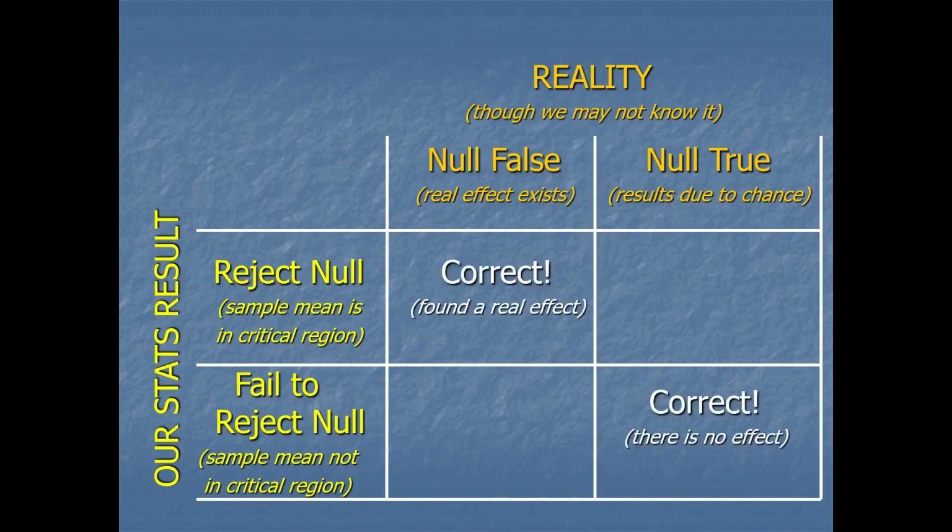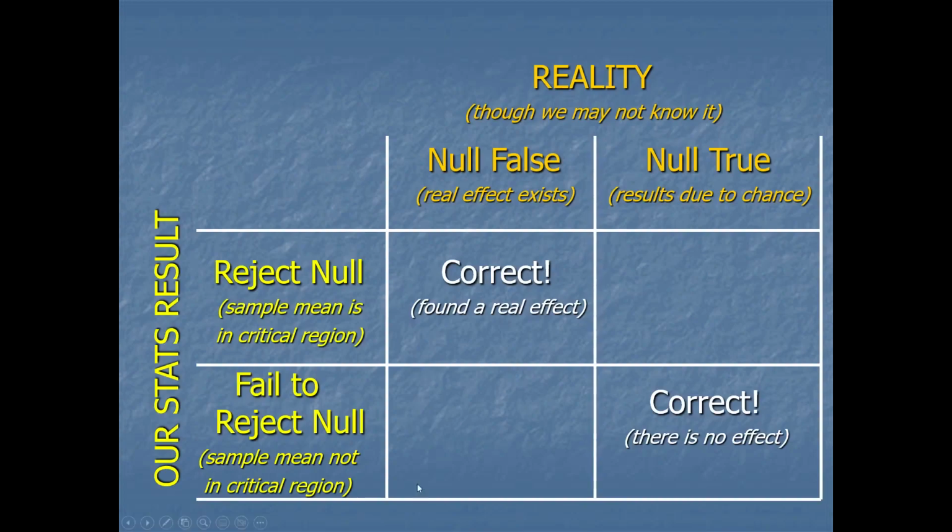So when the null is false, we might reject the null, which is great, right? Sometimes this can happen. The null is false, we reject the null. That upper left box is awesome because it means we found a real effect. We reported a statistically significant effect, and sure enough, we got it right.